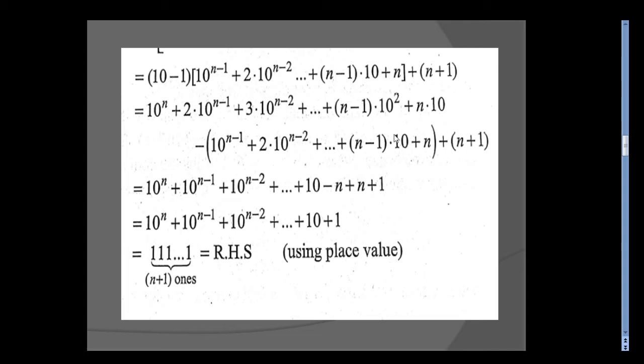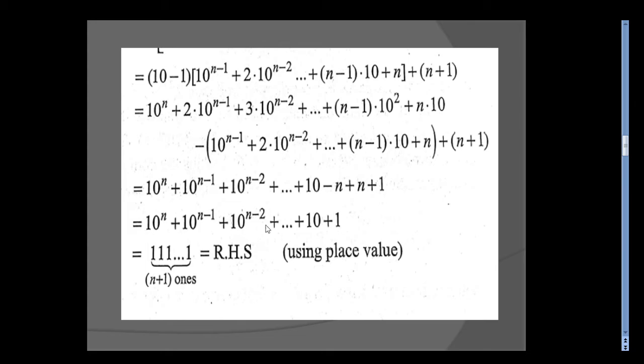Simplifying both equations, finally we get 10 power n plus 10 power n minus 1, 10 power n minus 2 and so on up to 10, minus n plus 1. Now this minus n and plus n will cancel and we get 10 power n plus 10 power n minus 1 and so on up to 1.